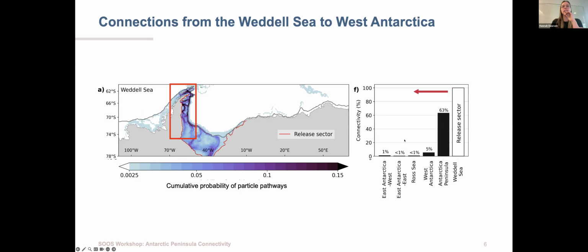Very little of that will continue westward, about 5%. Whether that is more than you would expect in the real ocean, I don't know, would be very keen to chat about that. It sounds like potentially, yes, that is a stronger connection than we might otherwise expect.